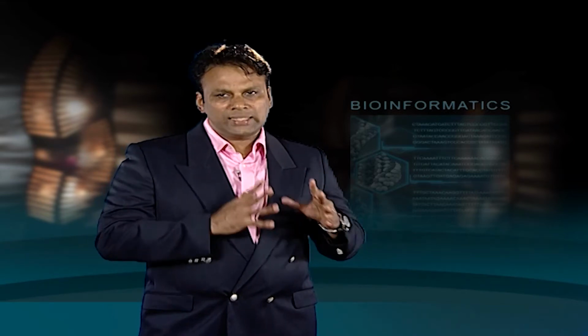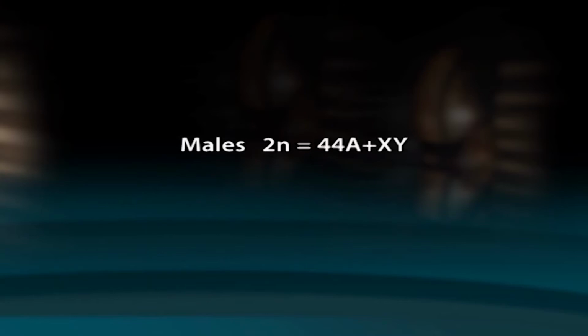First, we will be seeing about sex determination in animals. Initially, we will discuss sex determination in human beings. In the diploid state represented as 2n, the chromosome number in Homo sapiens is 46. In males, 2n is equal to 44 autosomes and XY is the chromosomal pattern.